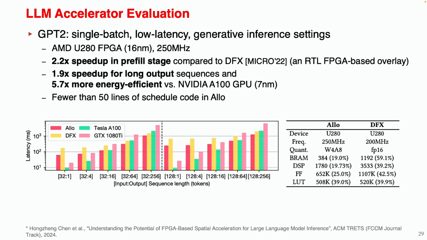So actually, we can see that Allo not only achieves better performance, but for the resource usage, they are still better than the RTL baselines. And so using this example, we want to show that even leveraging a high-level programming language, we can still achieve a very high performance on resource-constrained hardware.